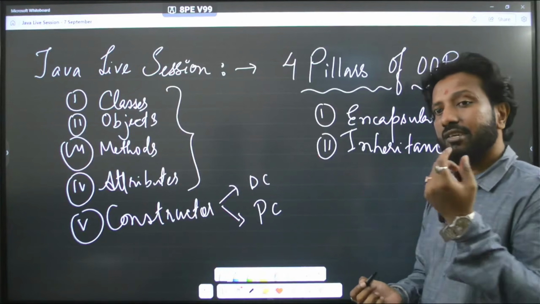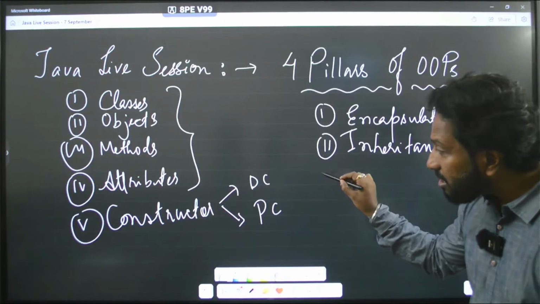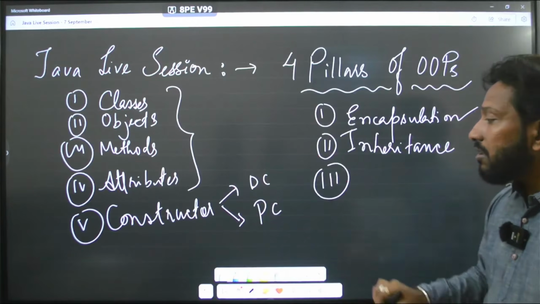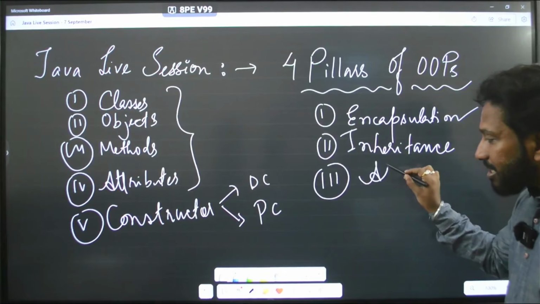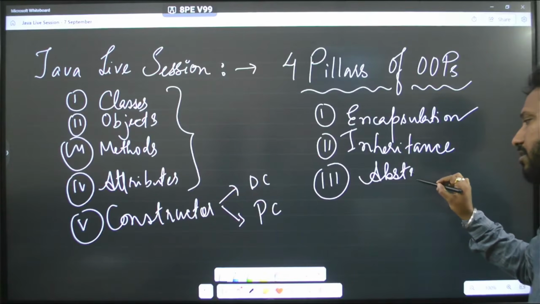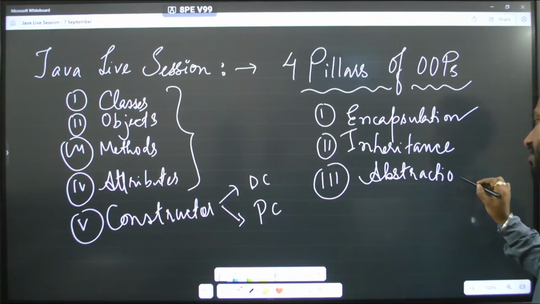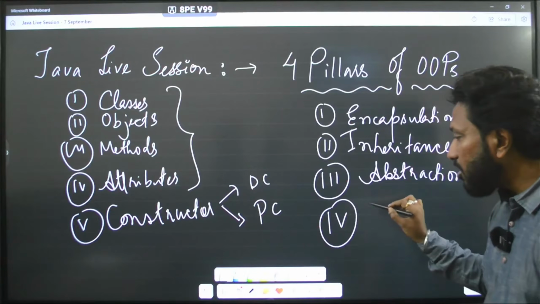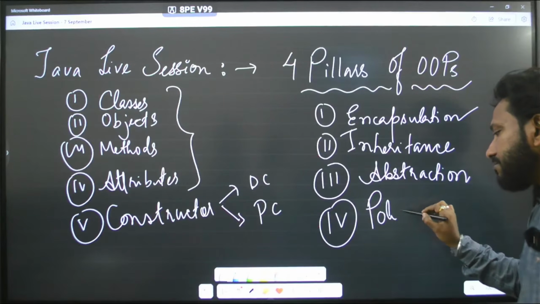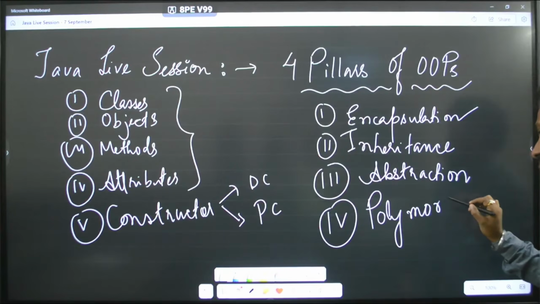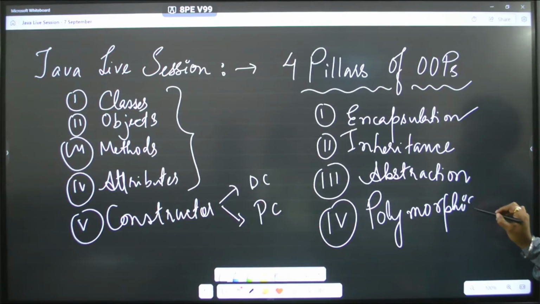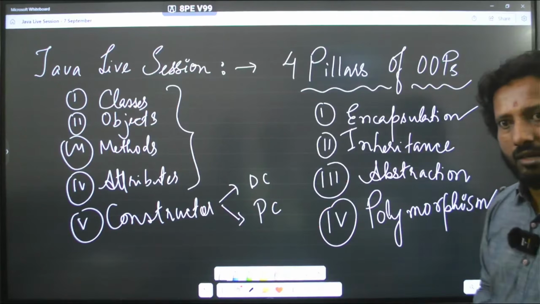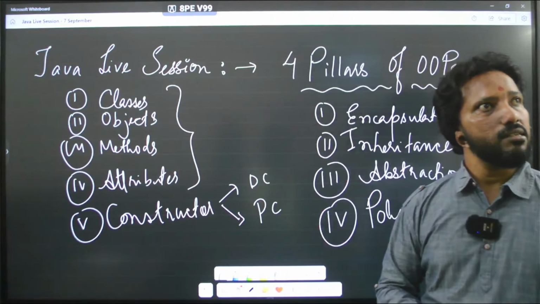We will be learning that, don't worry. After that, the third one, we will be learning abstraction here. Then we will move on to the fourth one, polymorphism. Okay, so we will be doing that.